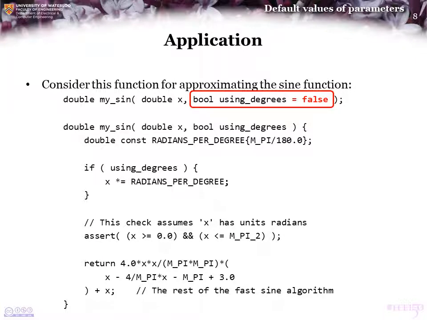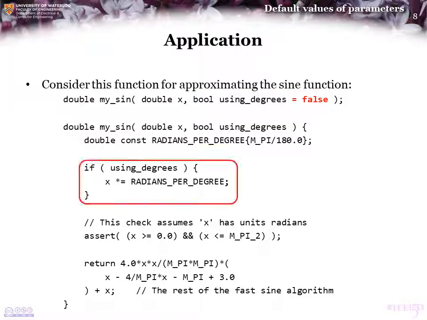Now, here is my sign function, except I'm including a second parameter, using degrees, and its default value is false. So now the user can call my sign either assuming that x has units of radians or x having units of degrees.